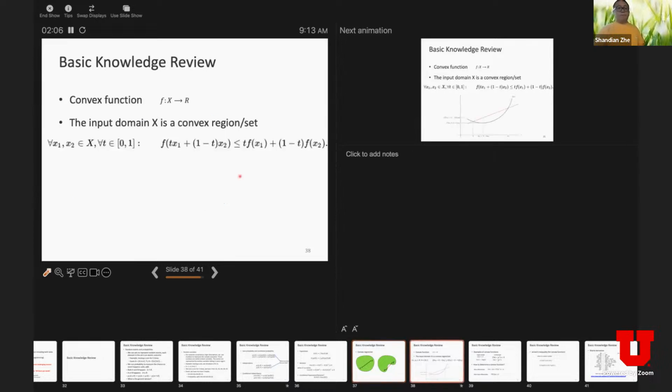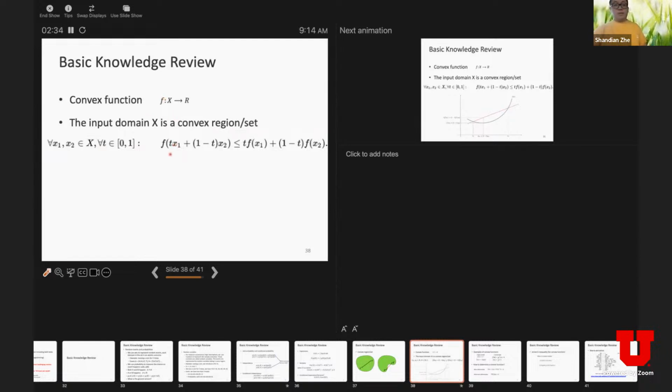Okay, and then we can define a function on some convex domain, and we have an additional requirement. That is, if we pick arbitrary 2 inputs from the domain and pick an arbitrary ratio t between 0 and 1, if this inequality holds, then we say this function f is convex, right?